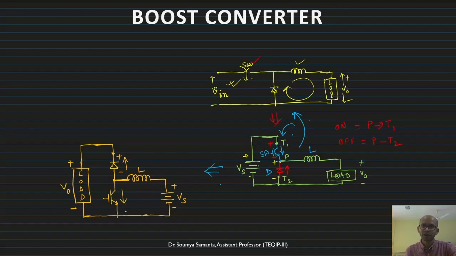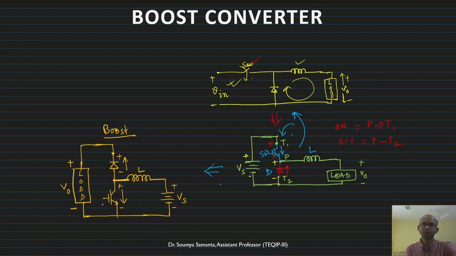This is the current direction. What is the blocking polarity? The blocking polarity is this. Now these types of switches come from the characteristics of the switches or the characteristics of the circuit operation. So this is nothing but a boost converter or step up converter.